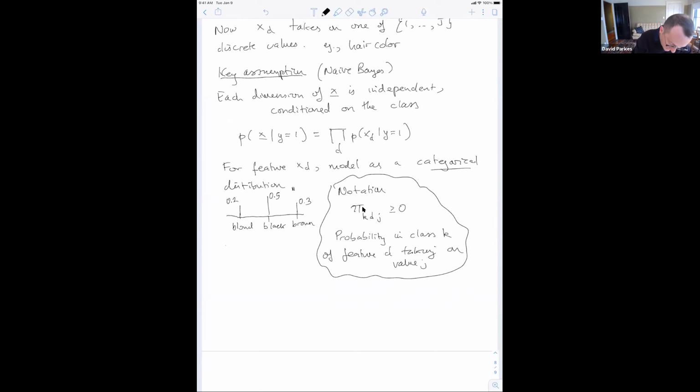And for this to be a well-defined probability distribution, when you take the sum over those probabilities pi, you better get 1 for all K and D.